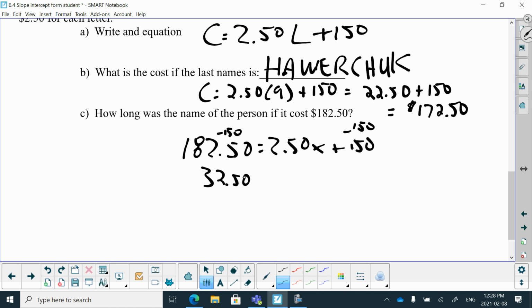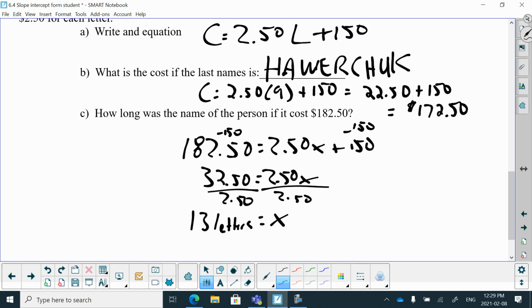Yeah, awesome. And then you divide by 250 to get x by itself: 32.50 divided by 250 equals the number of letters. How many is that? 13? Awesome. Questions?